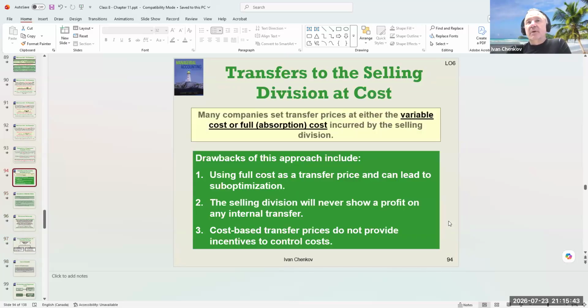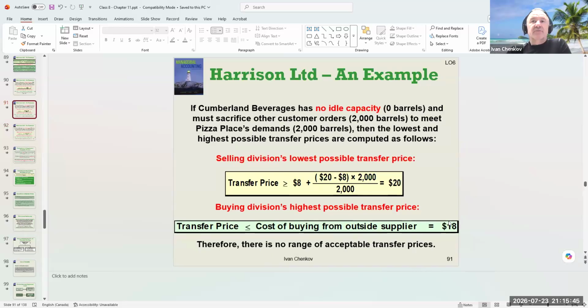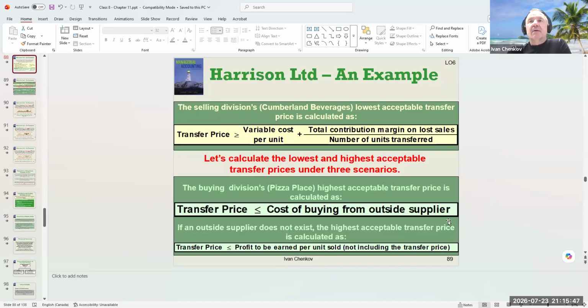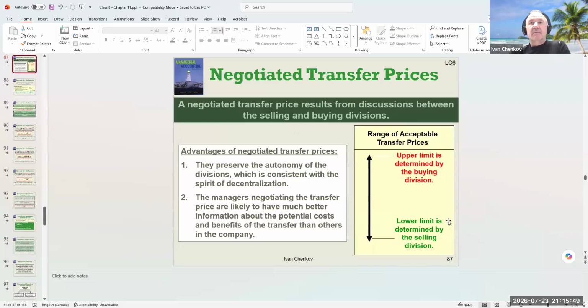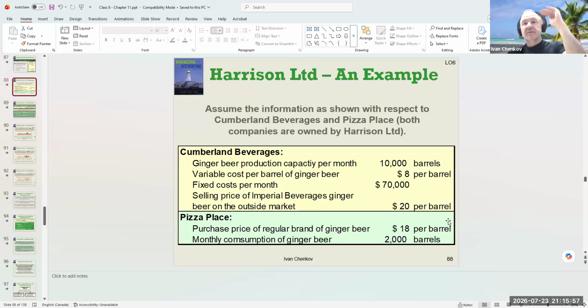So what you have to remember for transfer pricing is how to set up the minimum transfer price and maximum transfer price. For the maximum transfer price, always remember, it is always going to be the price at which the buying division purchases from outside.